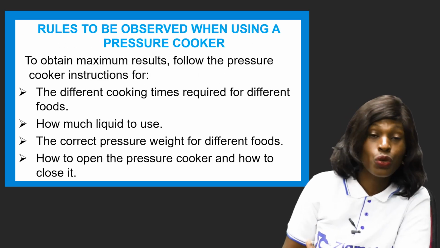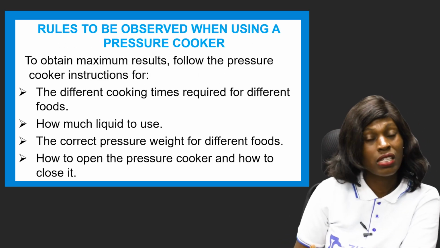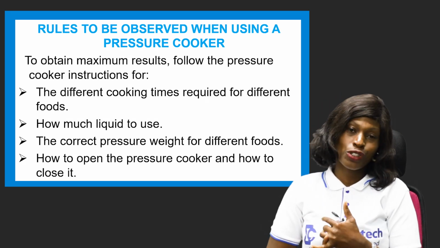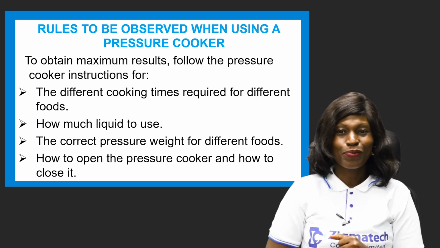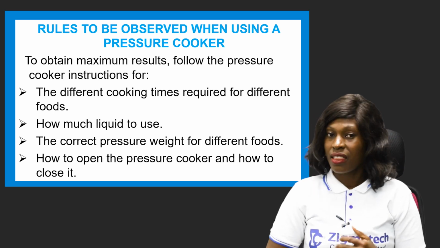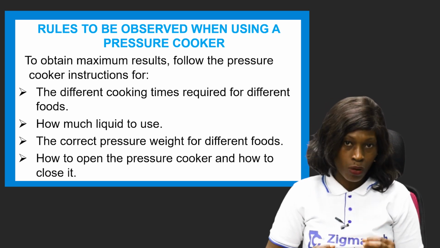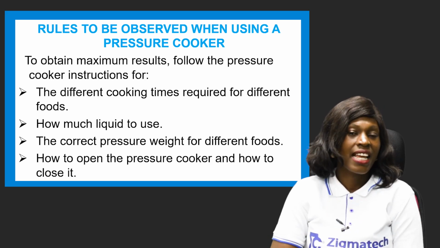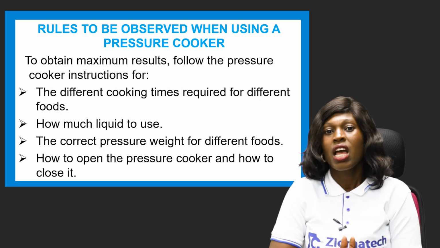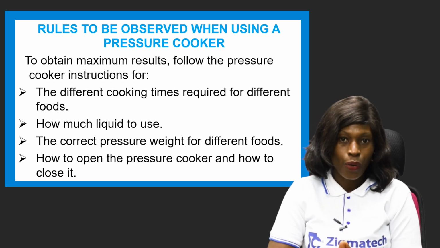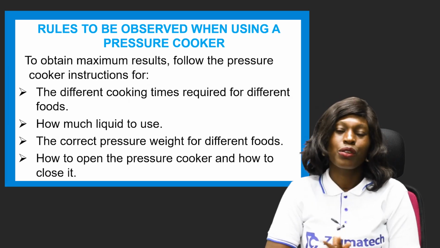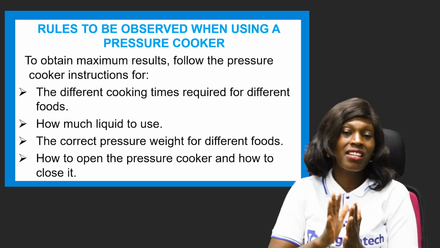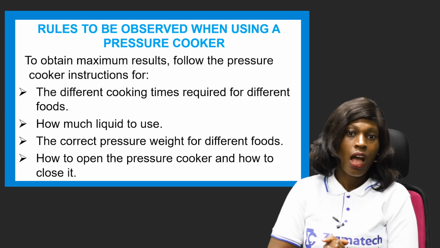There are some rules that you need to get familiarized with when using the pressure cooker. To obtain maximum results, follow the pressure cooker's instructions. If you have a pressure cooker, it comes with an instruction manual, so you have to follow through with what is stated there, what is required and how you are to use it. First, you should know that different cooking times are required for different foods.